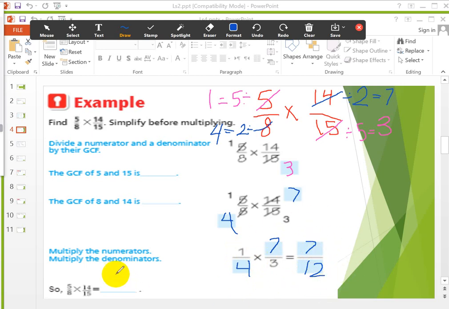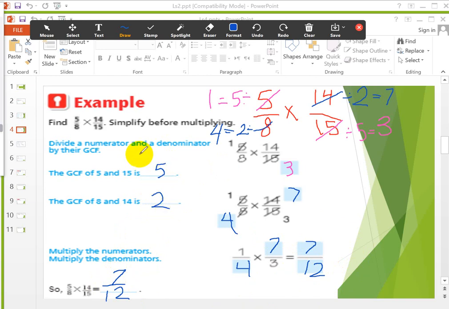So here, there is no need to divide the numerator and denominator. This strategy will help me make the numbers easy and able to divide very easily. Okay?